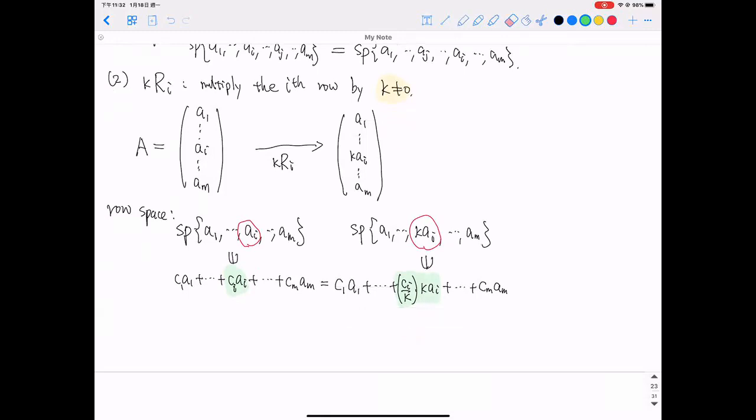Now, this shows that an element in the row space of A belongs to the new row space.